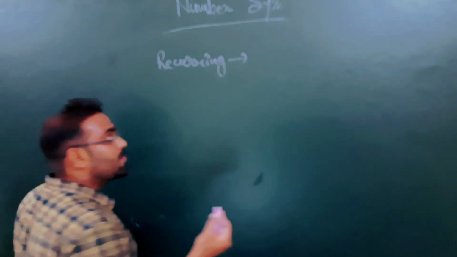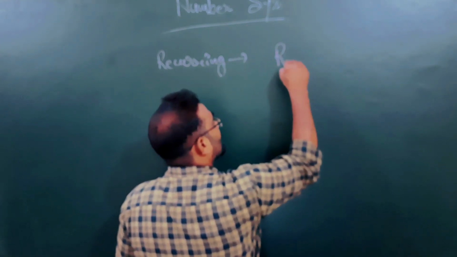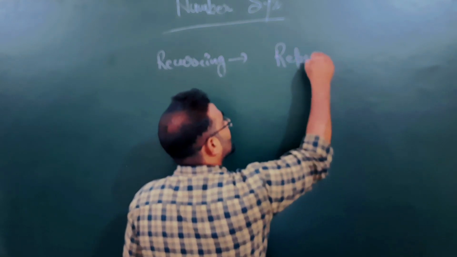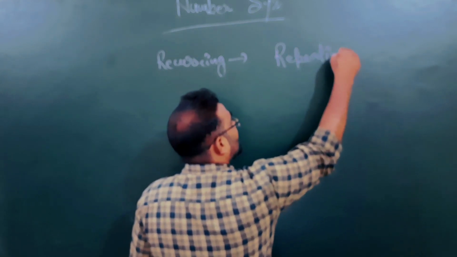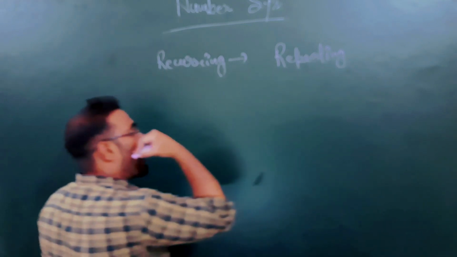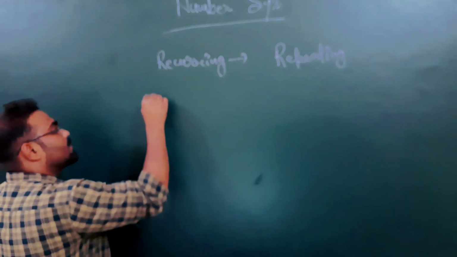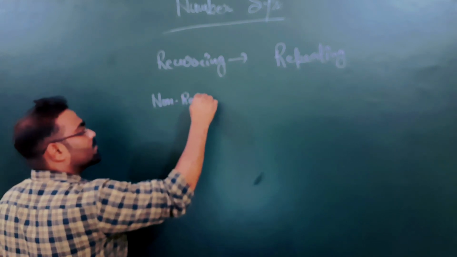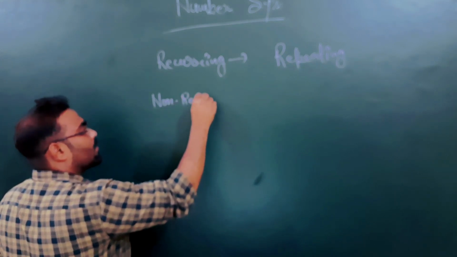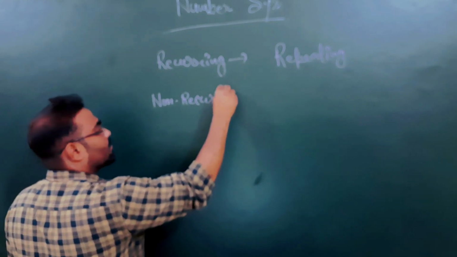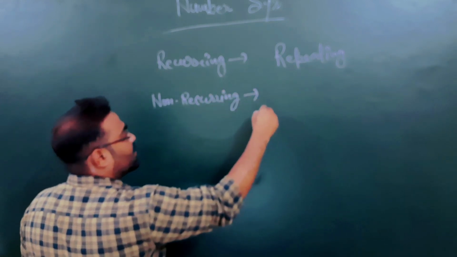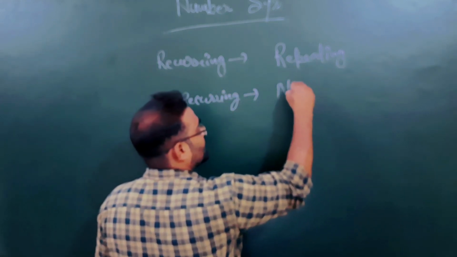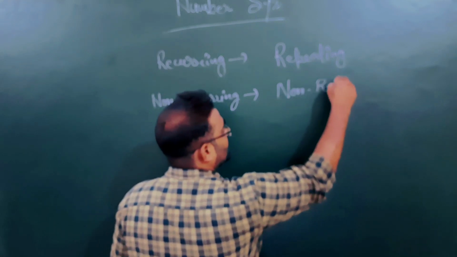Recurring means something that repeats, so recurring can be said as repeating, and non-recurring means non-repeating.